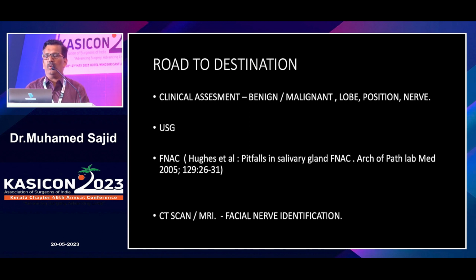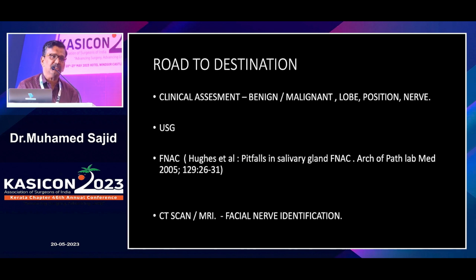Now, as you know, every surgery needs a proper clinical assessment and radiological assessment related to the planning of the type of surgery. So obviously, the clinical assessment would make us differentiate whether it's a benign lesion or a malignant lesion, specifically the lobe which is involved, the position of the lesion in relationship to the nerve, and of course, whether the nerve is involved or not.